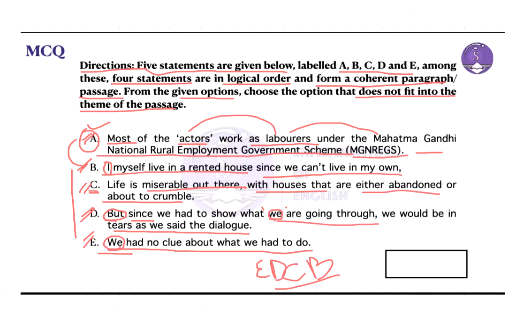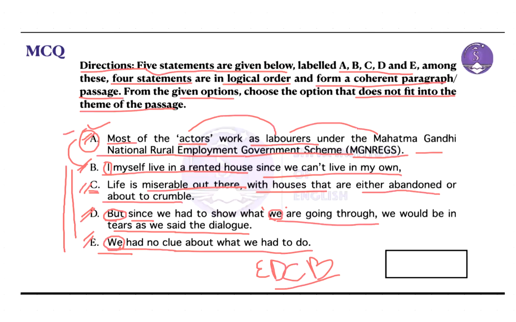We can find that these are nothing but dialogues, which have been pointed out by the narrator on behalf of all these individuals, whereas option A indicates what they do and where they work.